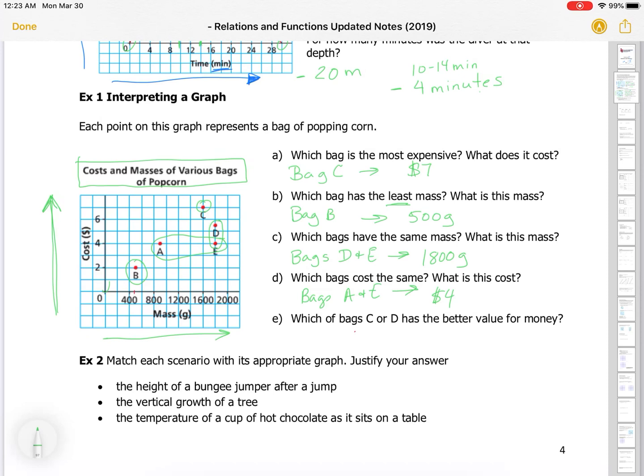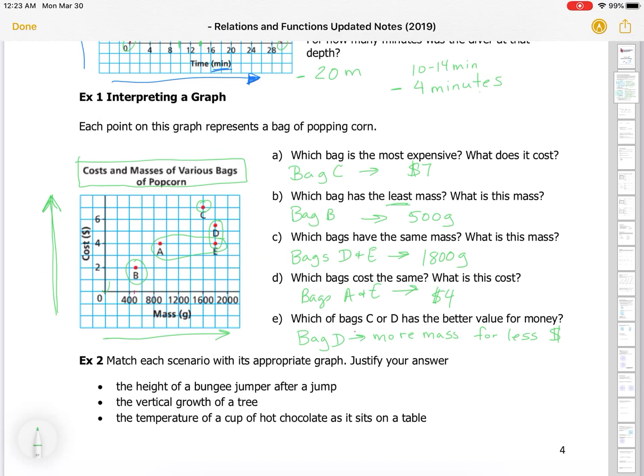Comparing C and D, C is more expensive and has less mass. So I would say bag D is the better deal, because it has more mass, so you're getting more for less money.